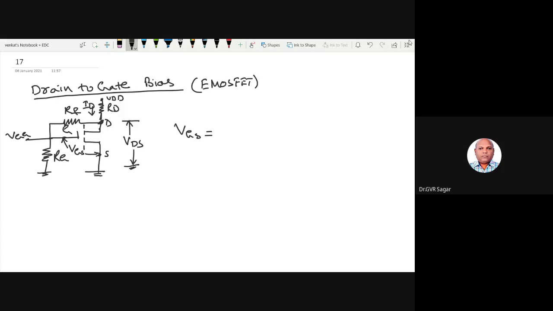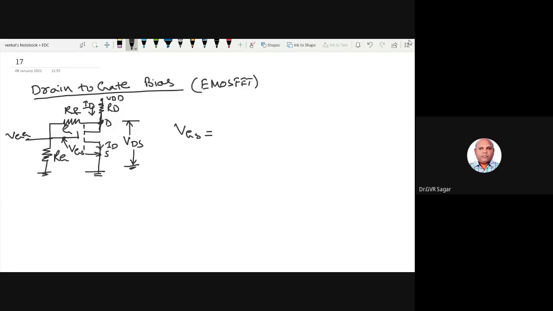The same ID is flowing here also. But instead of connecting this RF as earlier in the voltage divider bias, now in the feedback method we are connecting the resistance at the drain terminal. So what is the voltage measured at the drain? This voltage we have to drop across here. The voltage here is VDS.